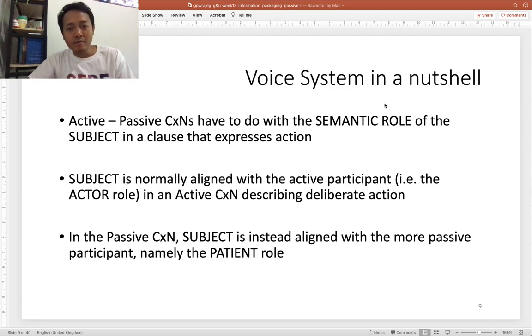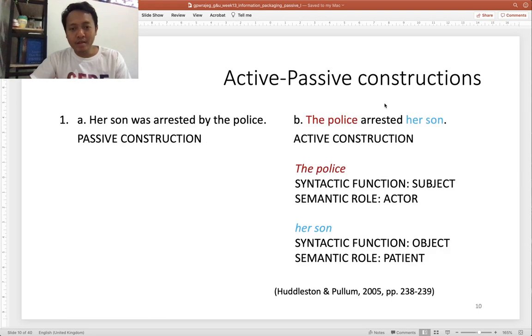Normally, in an active construction describing deliberate action, the subject is linked with the more active participant, such as the actor of the event described by the clause. In contrast, in passive constructions, the subject is linked with the more passive participant, namely the patient role. The patient is someone who is undergoing the action carried out by the actor.